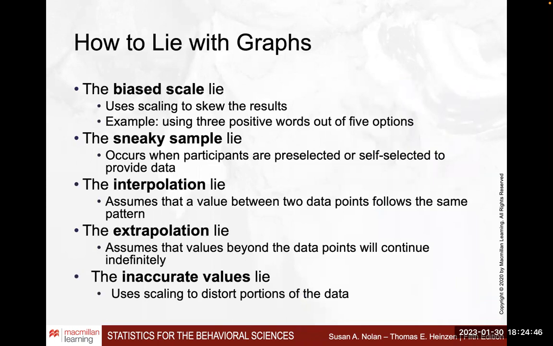What's important for you is to understand what these good ways and bad ways are, and how you can recognize them. What questions do you need to ask that graph, and what do you need to extract from that graph intellectually?